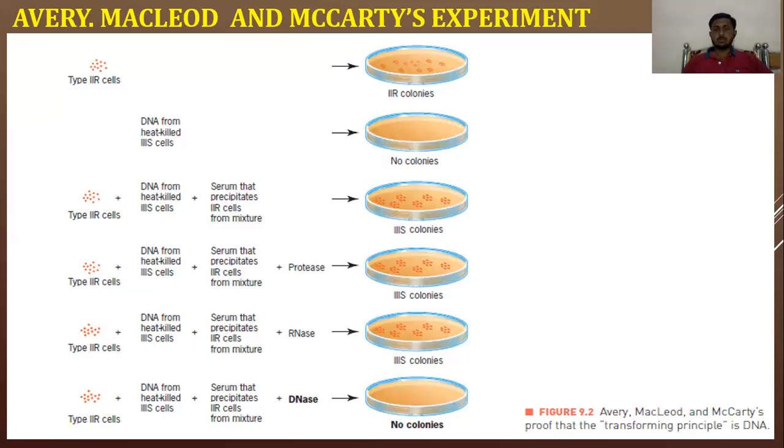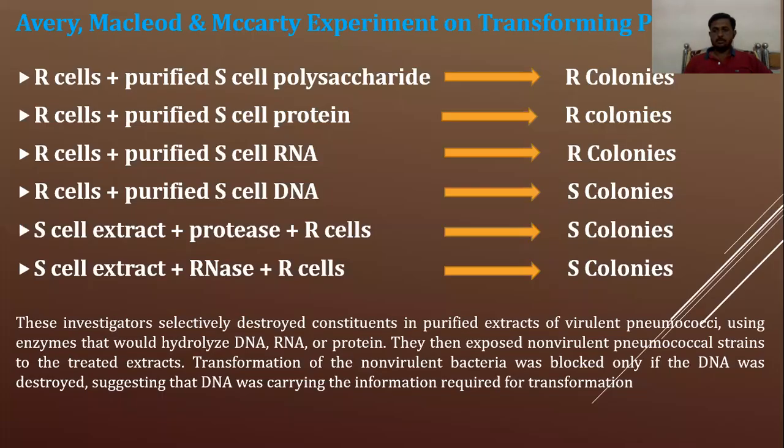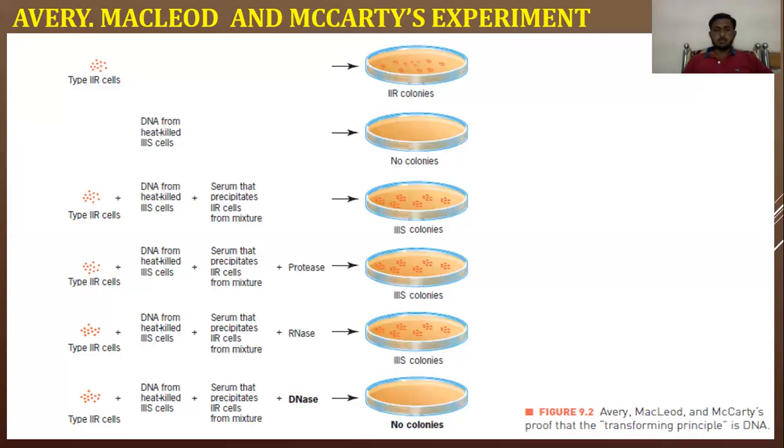In the Griffith experiment, we saw he used two strains of pneumonia bacteria. One is a virulent strain, and another is a non-virulent strain: Diplococcus pneumoniae, or Streptococcus pneumoniae. So, S type of strain and R type of strain.